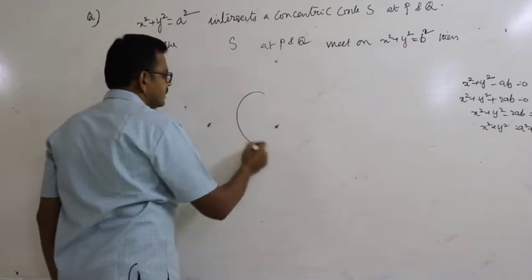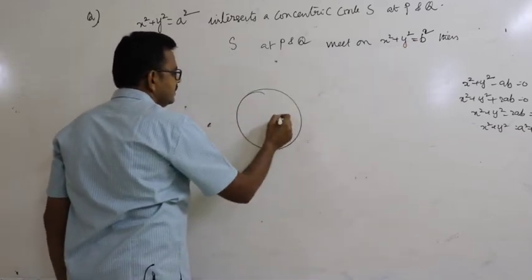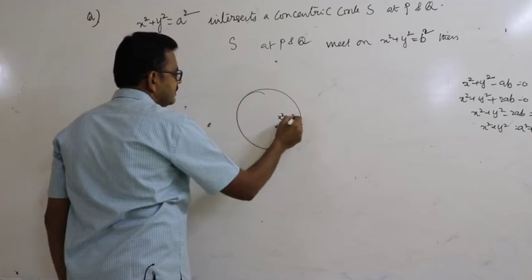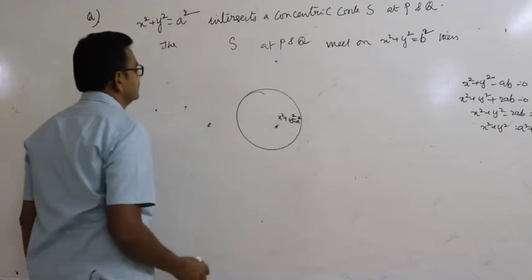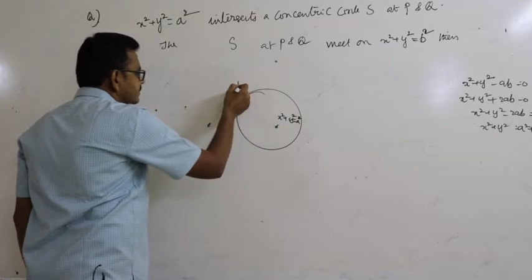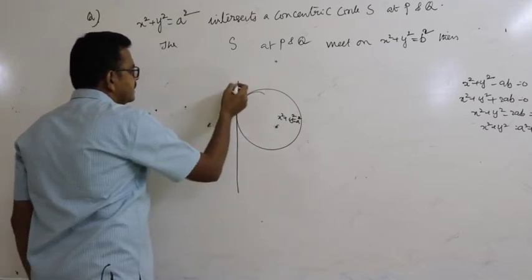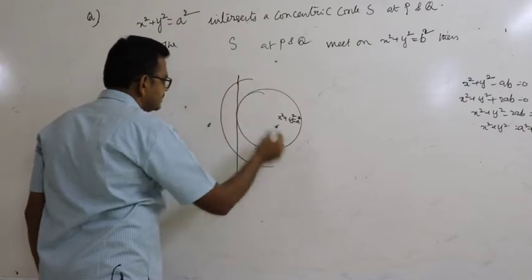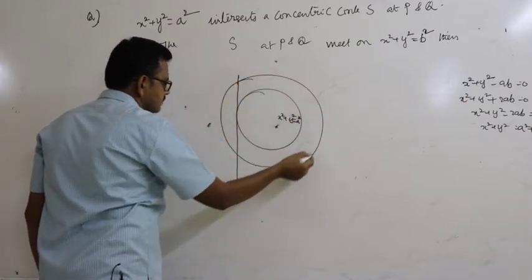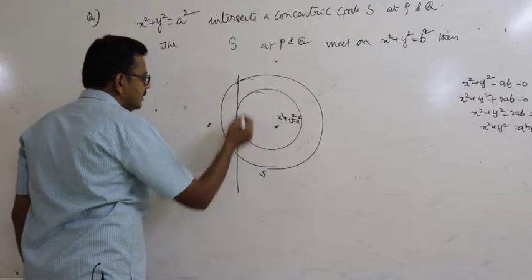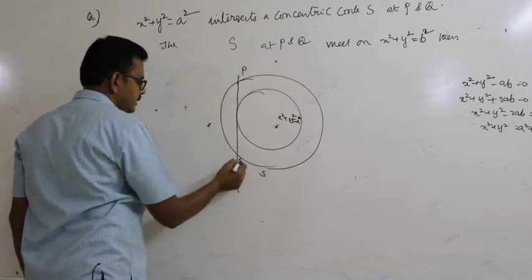So this is the circle x square plus y square is equal to a square. A tangent at any point on the circle meets a concentric circle S. So this is S at the points P and Q.